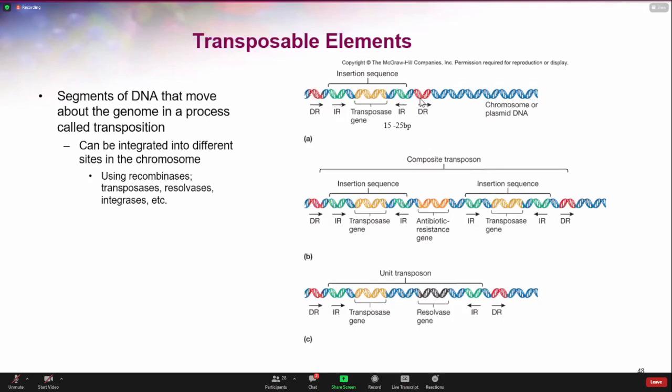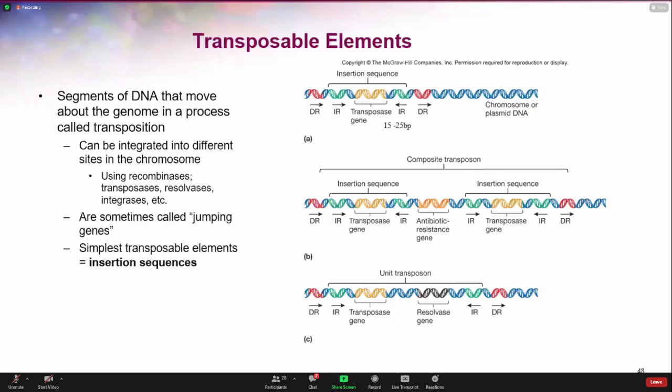These are sequences that this moving gene recognized before it went in. Okay, so it just doesn't randomly go in. It recognizes a particular sequence that we refer to as direct repeats, and then it inserts itself within those direct repeats. So you can have insertion sequences, and then you have composite transposons.